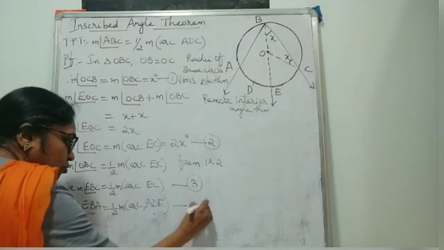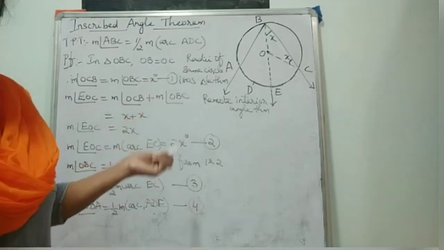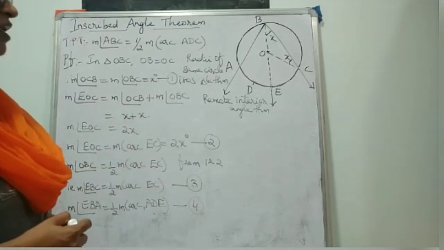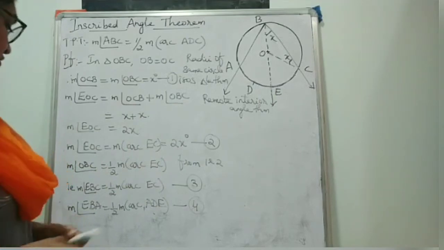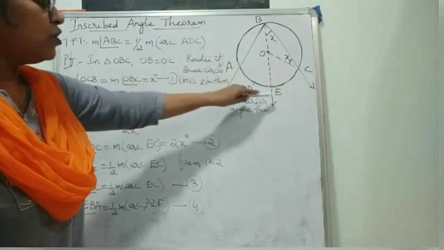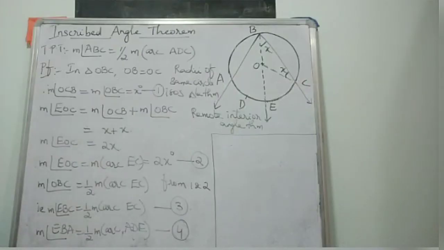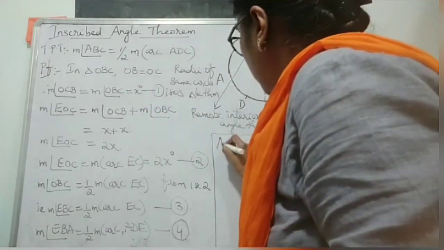This is the other equation we get on a similar basis from the left hand side of the figure. So from the left hand side of the figure, the measure of angle EBA is equal to half the measure of arc ADE. Next, we will add equations 3 and 4.